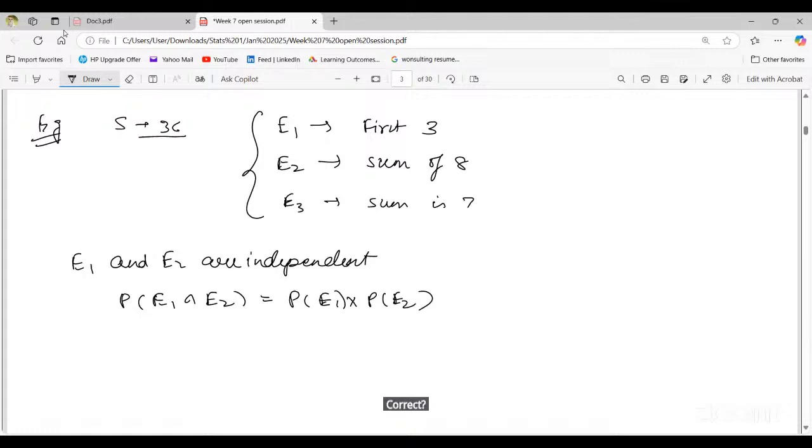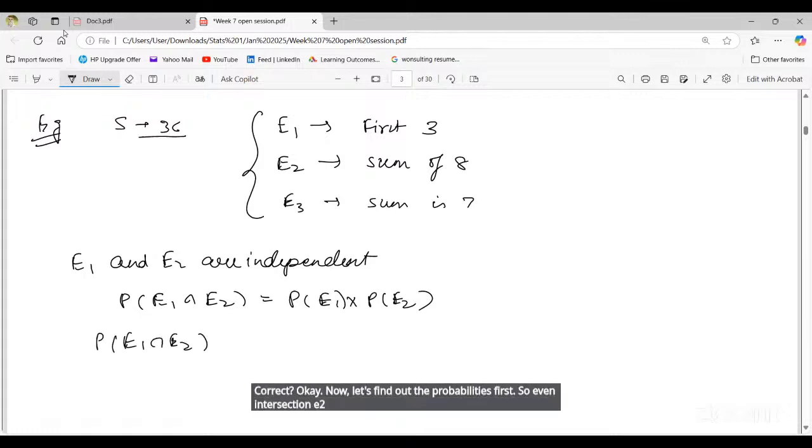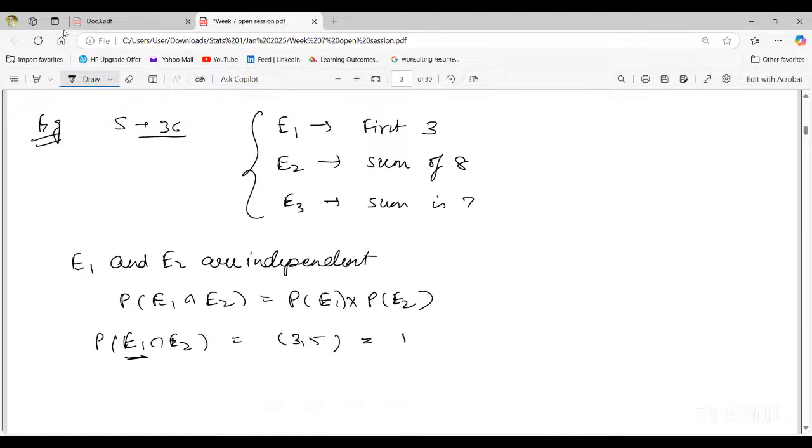Okay. Now let's find out the probabilities first. E1 intersection E2 means the first should be 3 and the sum should be 8. What is the case? There is only one case, which is 3, 5. So this is basically 1 by 36.